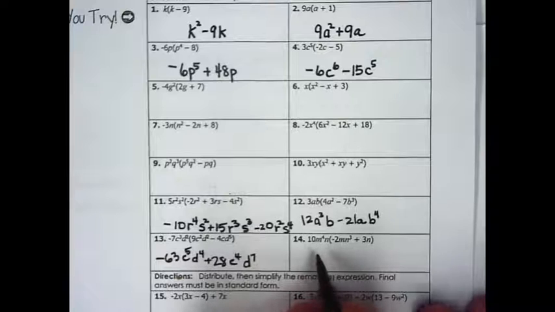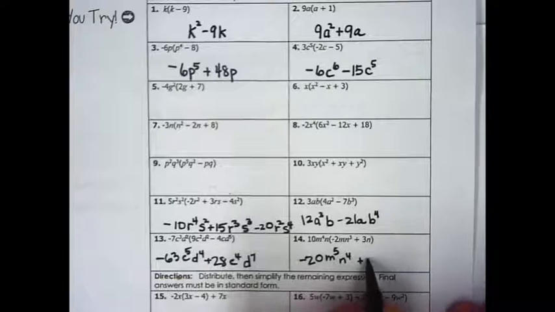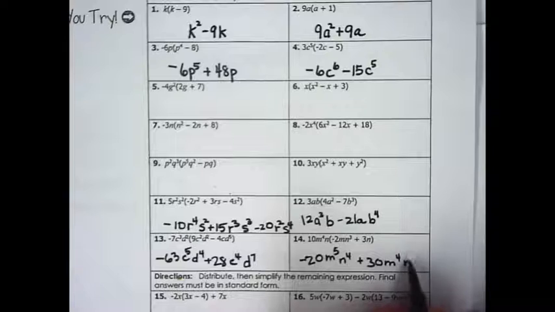And if you did this one correctly, you would have negative 20 m to the fifth n to the fourth plus 30 m to the fourth n squared.